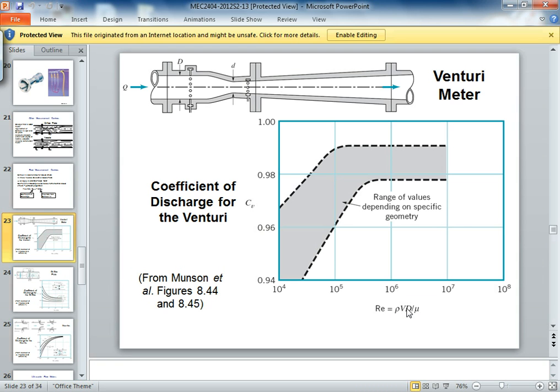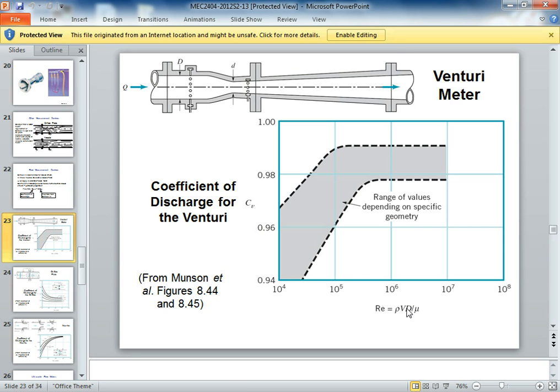You can see for the Venturi tube, the discharge coefficient is nearly 1. So there's very little losses, 0.94 to 1.